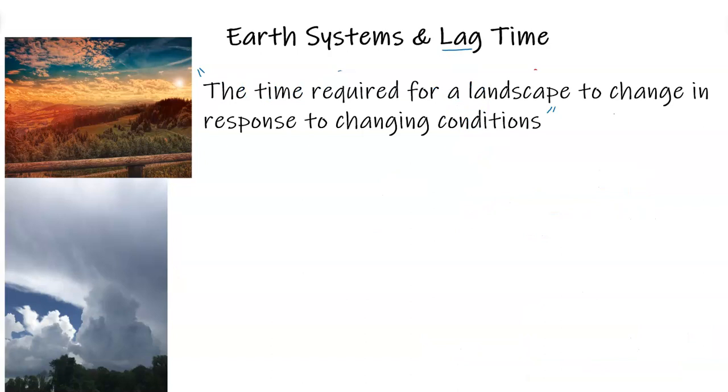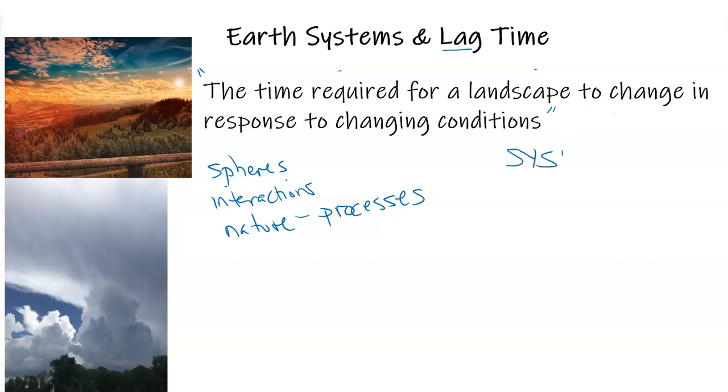So we're discussing the effect in terms of the spheres and the interactions, and in terms of nature and the processes that govern nature and the inputs and outputs, and in terms of systems as well. So this is all involved with systems and how lag time works within a system, to control a system, to dictate a system, to even change the system.